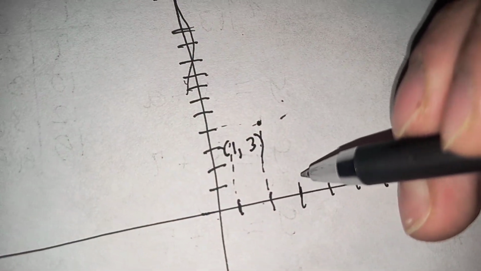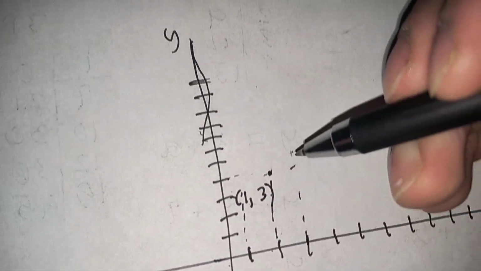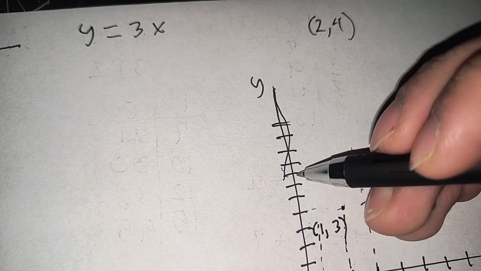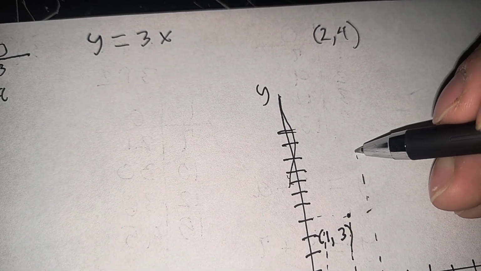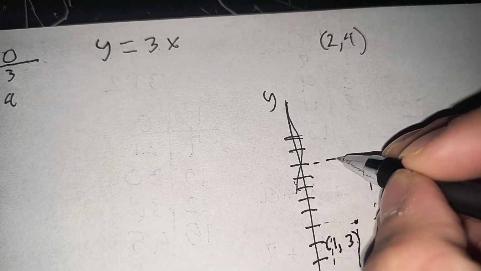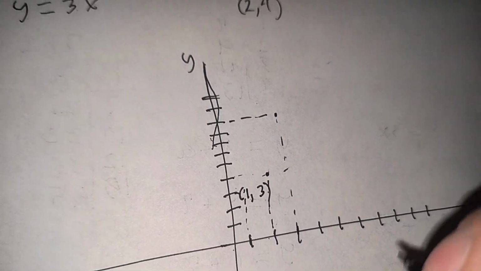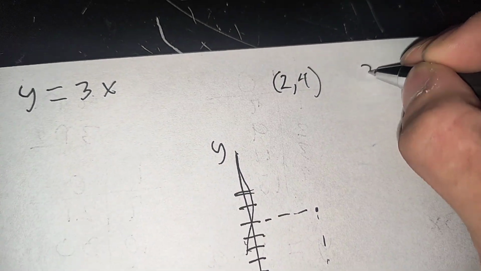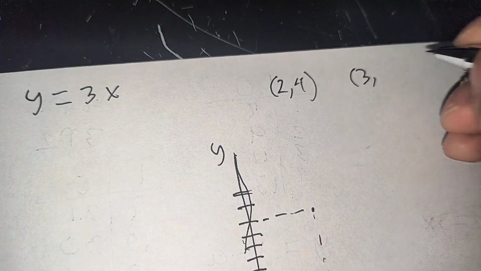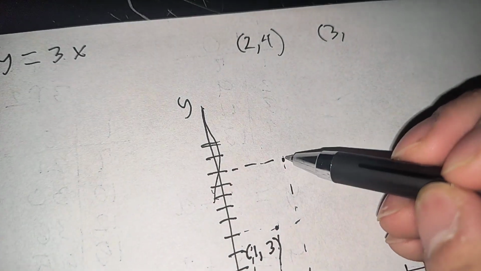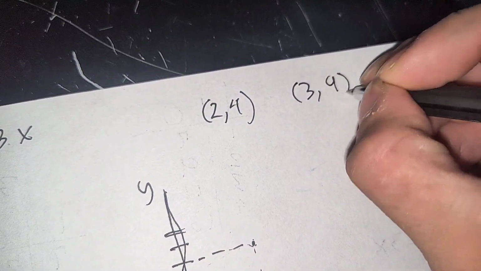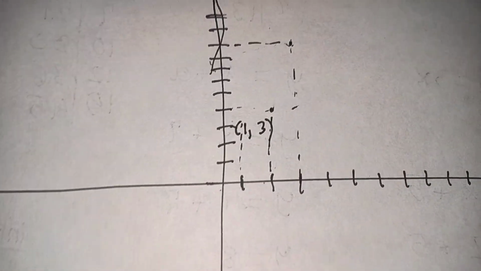So then we would climb up 1, 2, 3, 4, 5, 6, 7, 8, 9, all the way right here. And that coordinate would be described as the input 3, comma, the output 9. And that's how we graph.